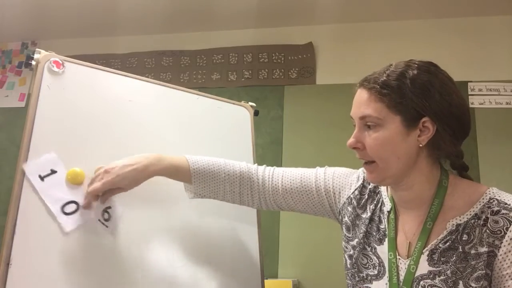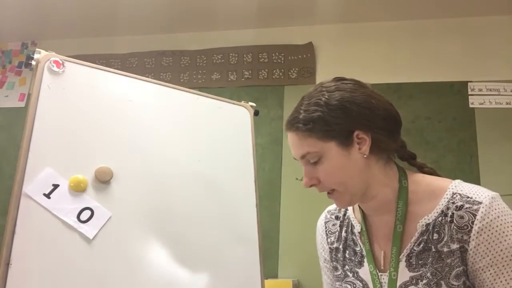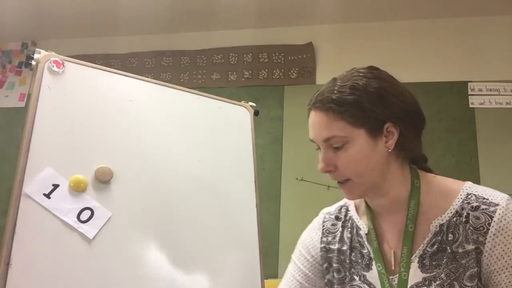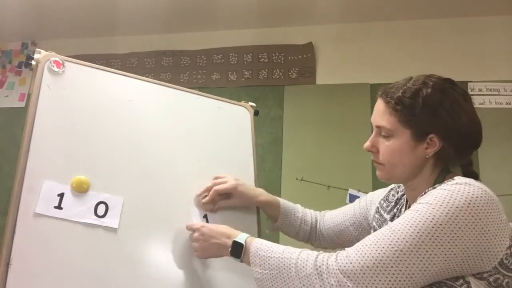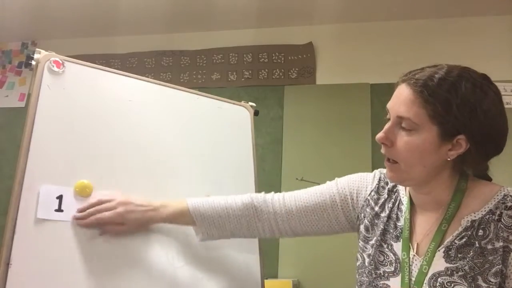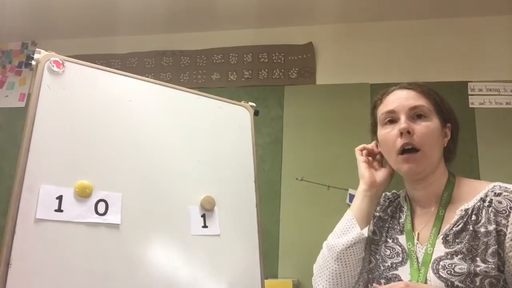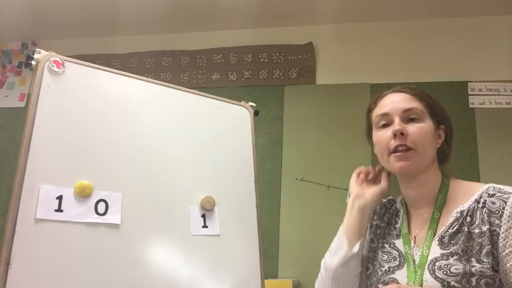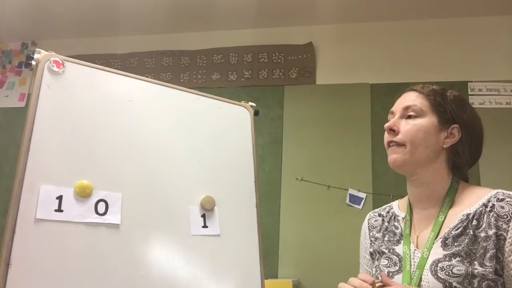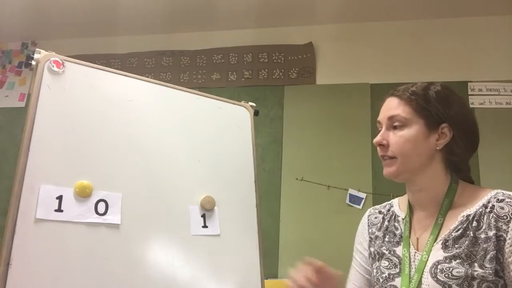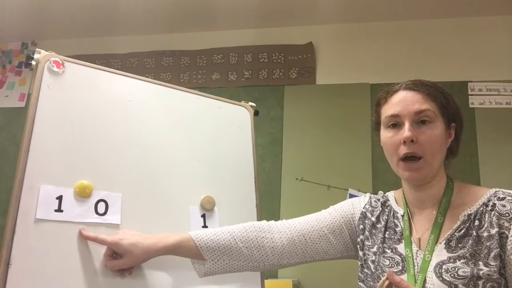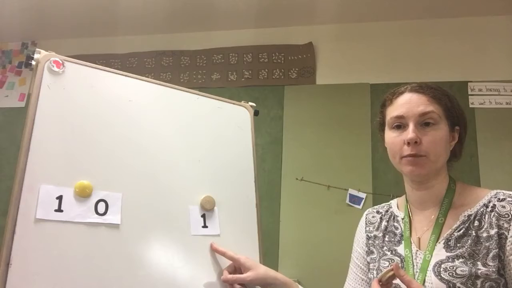So we did 13, we did 15, we did 18. Let's try this one. Now, Miss Tracy went to the farm and there was 11 cows. 10 cows were black and white. 1 cow was brown.